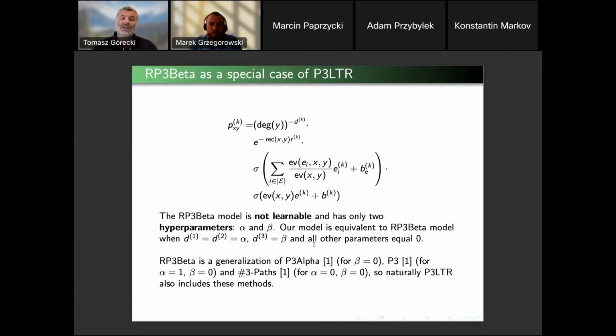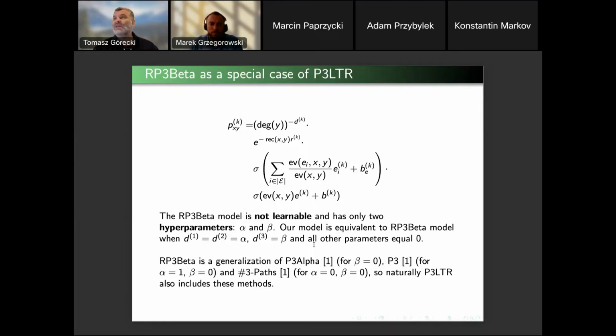This model is definitely learnable. And the basic model which we use as a baseline, RP3 beta, is not learnable and has only 2 hyperparameters, as I said, alpha and beta. And of course, because our model is more general, for some values of parameters our model is equivalent to RP3 beta.